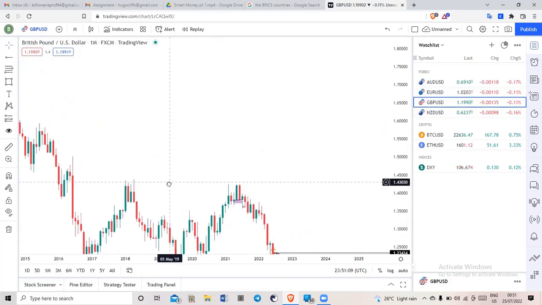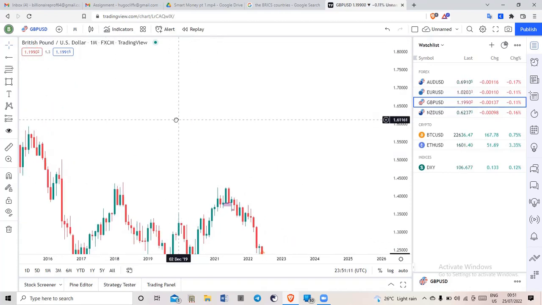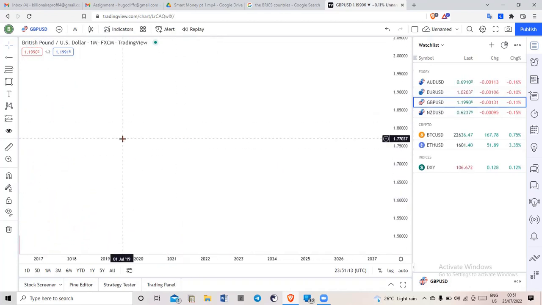This particular class will be talking about price action, market patterns, and all of those things.